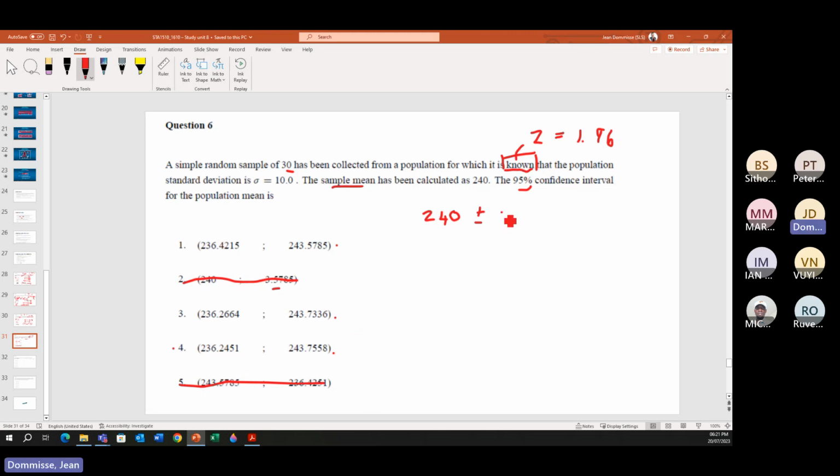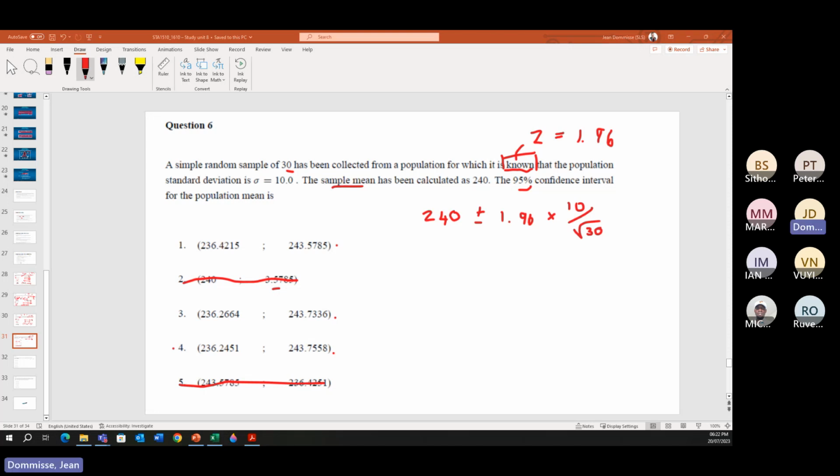Work it out. We sit with 1.96. You've got your sample of 50. You've got your standard deviation. So you need to multiply 10 divided by the square root of 50. Let me quickly just get Excel to work that out.